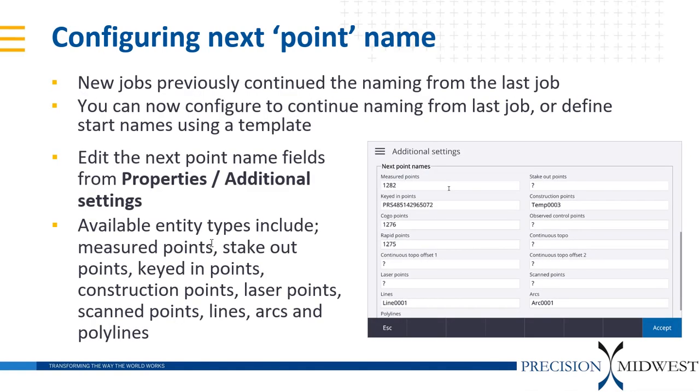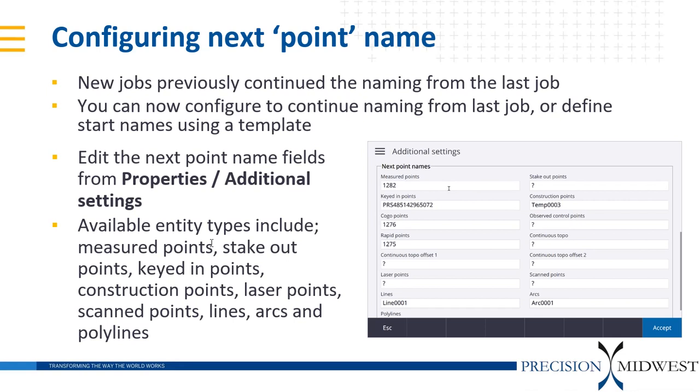Configuration or configuring next point name. New jobs previously continued the naming from the last job. You can now configure to continue naming from the last job or define new names in the template. So the way it used to be is if you went out and measured a control point, you started at 1.